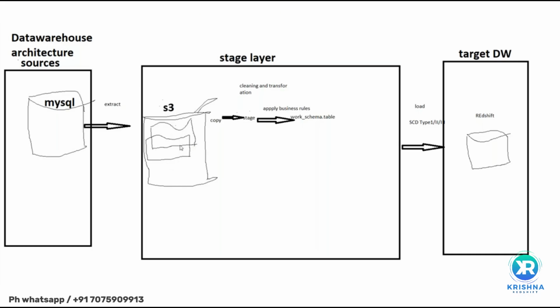After putting it in S3, we'll be doing some processing, for example, any failed transactions we have to discard. Generally, when we go to an ATM, if you enter a card and enter a wrong pin, it will say incorrect pin, right?